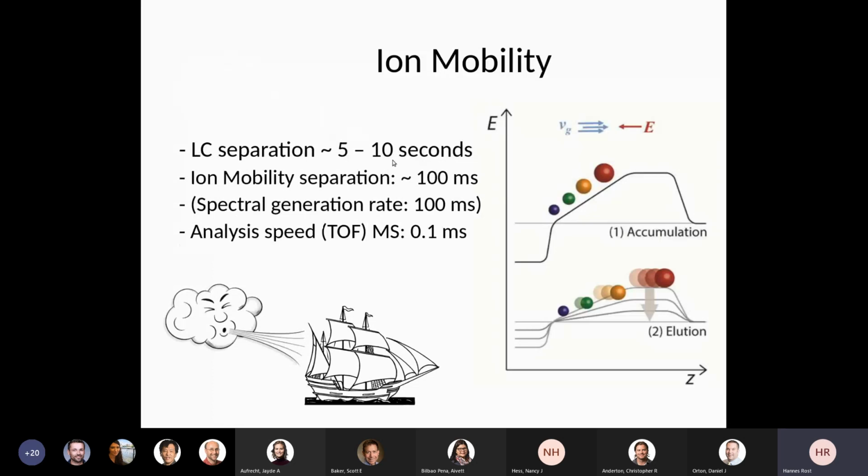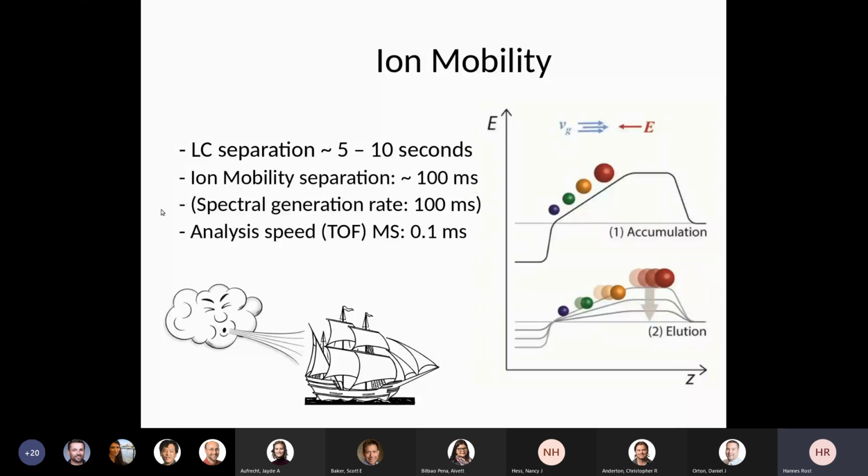And one of the very nice things to realize is that the ion mobility separation time frame very neatly fits right in between the LC separation of 5 to 10 seconds and the analysis speed of the TOF.